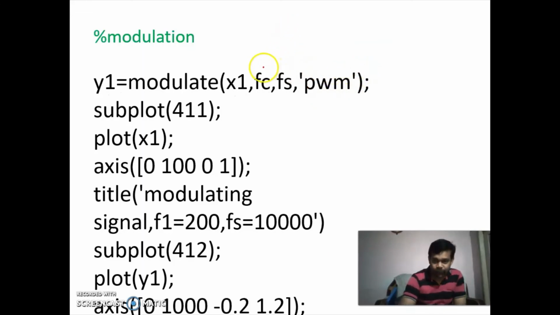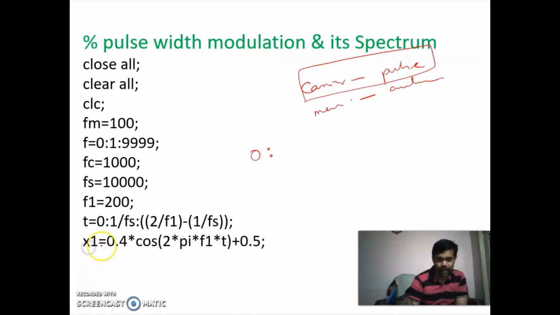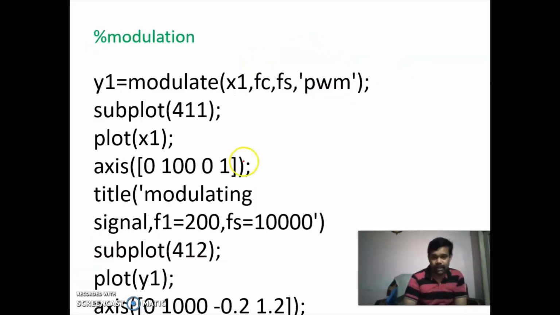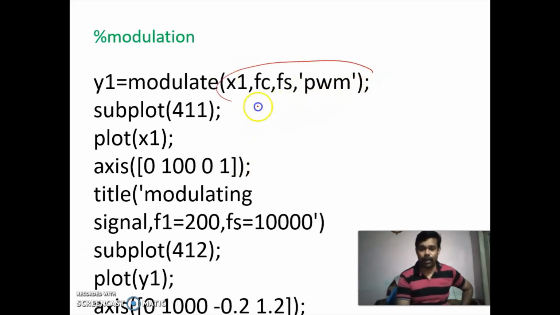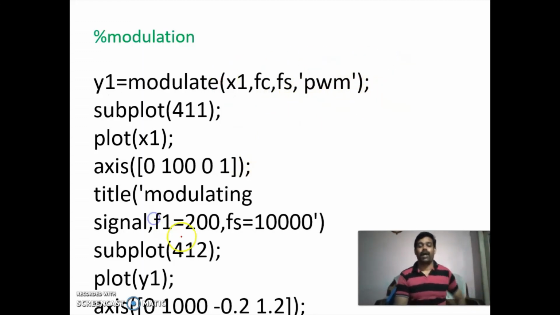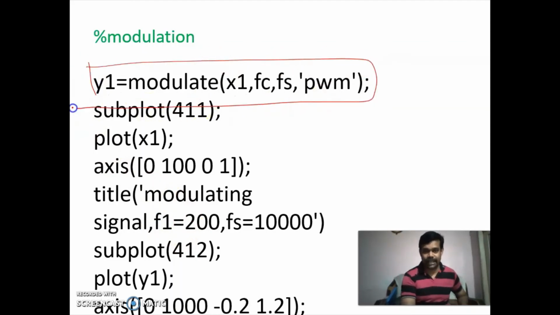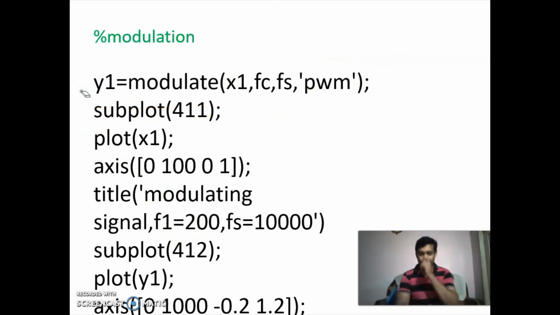We are defining the carrier frequency and sampling frequency, and already we have defined the signal x1. Now this will generate the pulse width modulated signal.